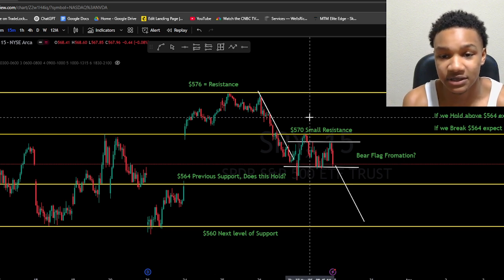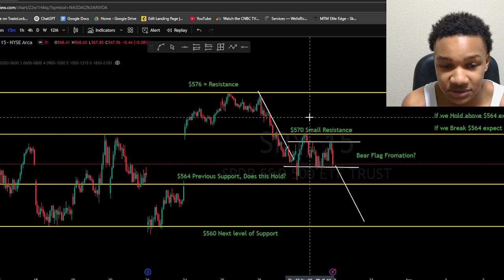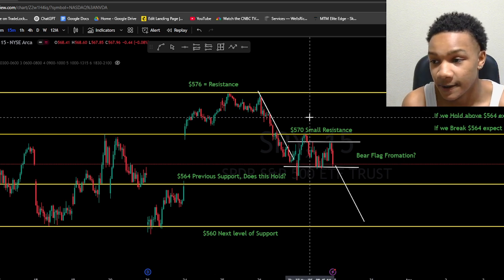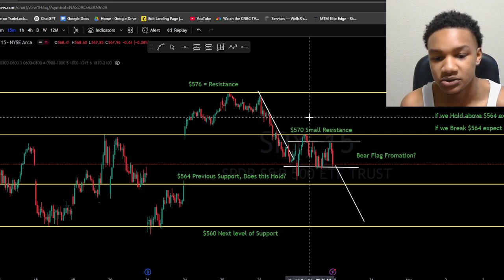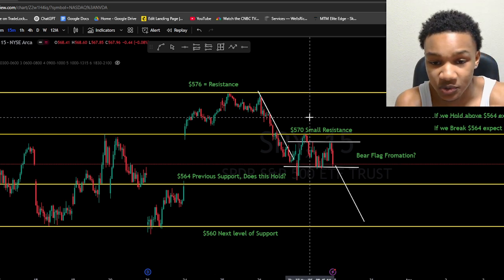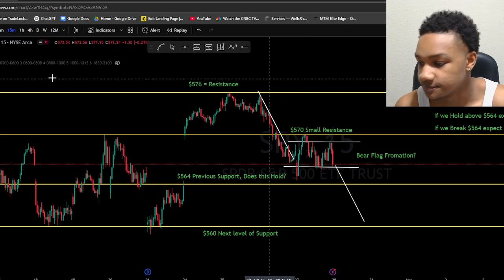So they call that an index fund, right? So SPY is an index fund of the top 500 companies of the U.S. And this is what we use to measure the stock market overall, right? Because if it's made up of the top 500 companies, well, most of these companies make up the movement of the stock market. So this is what we use to kind of gauge where the market is going to go, right?